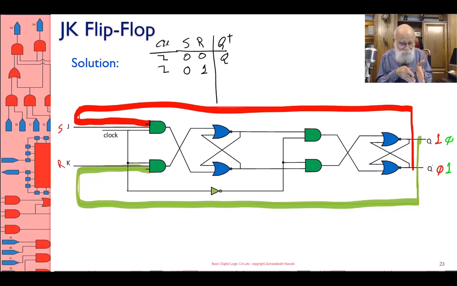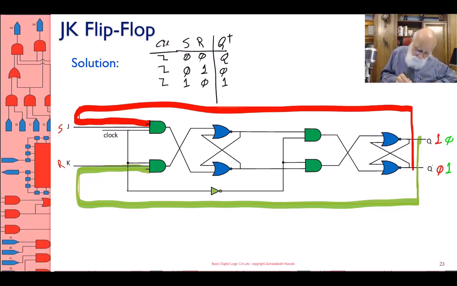I go through half into the master, and then the clock goes to 0, and then this output becomes 0. After the edge of the clock, if my set is 1, my reset is 0, then I'm sure the output becomes 1.